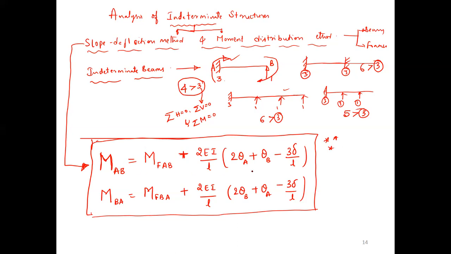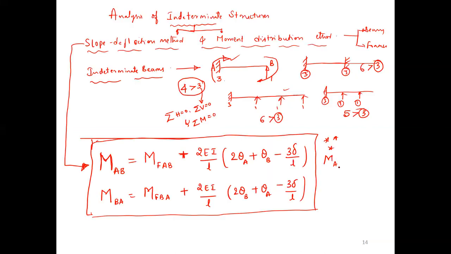Here, what is MAB? MAB is the final moment in member AB. MBA is the final moment in member BA. What is MFAB?